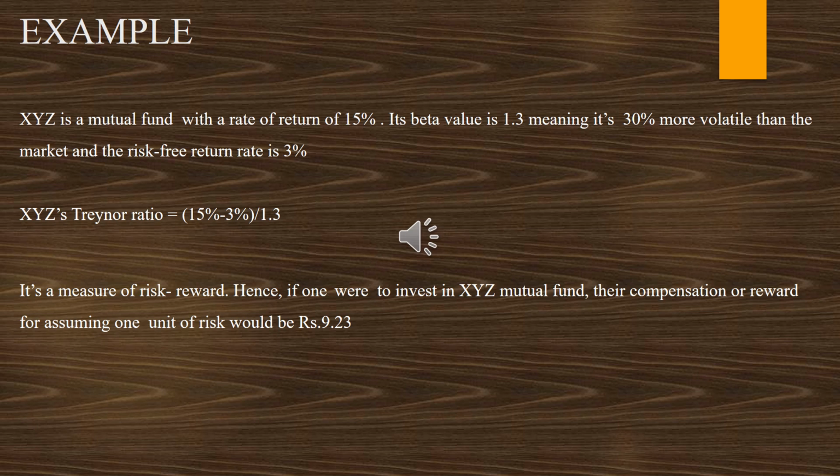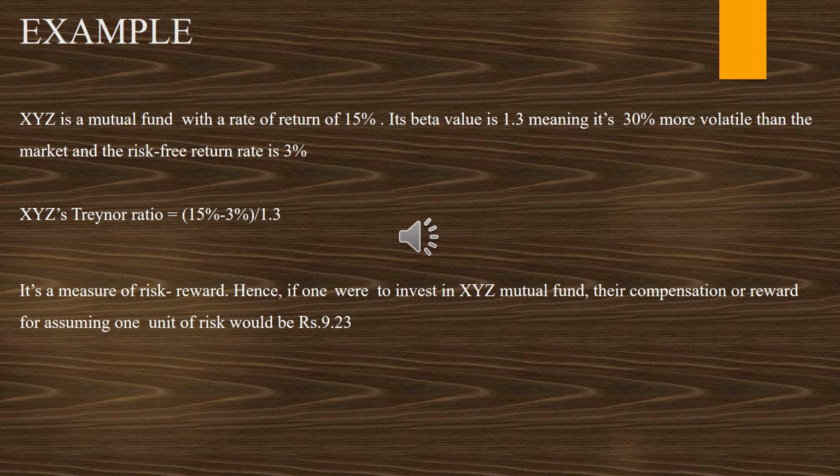The example is XYZ, a mutual fund with a rate of return of 15%, and its beta value is 1.3, meaning it's 30% more volatile than the market, and the risk-free return rate is 3%. So XYZ's Treynor ratio will be the rate of return, 15%, subtracted by the risk-free return rate, and divided by the beta value.